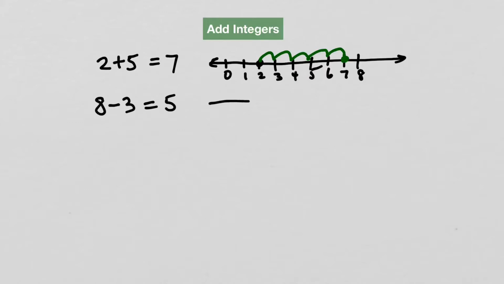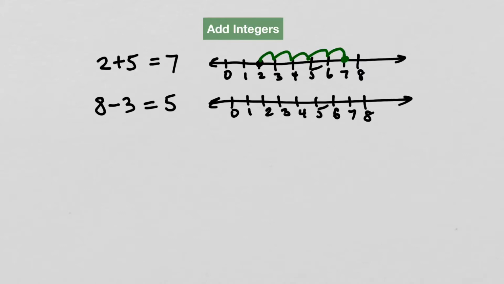But if we do this on a number line, I'm going to draw this out again. 8 minus 3, we're going to start with 8. I'm going to put a dot there. Now we're going to subtract 3 or go to the left 3 spaces. 1, 2, 3. And we land at 5. So we know that 8 minus 3 equals 5.